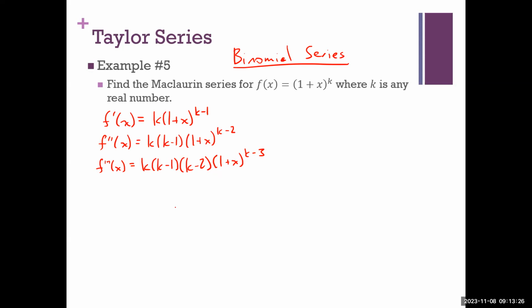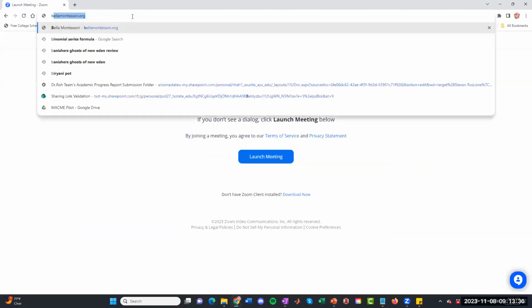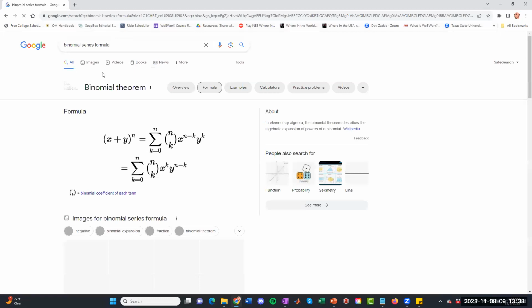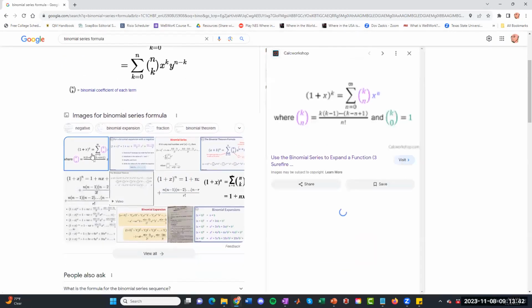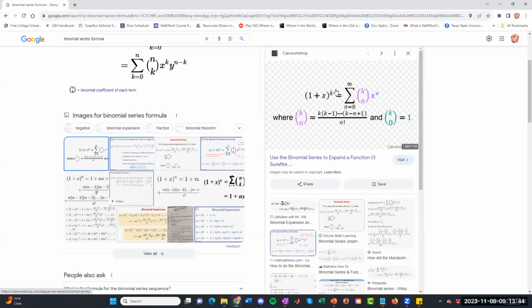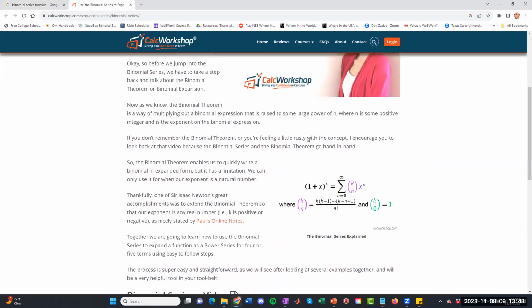I did not have a slide here where I wrote down the generalization of this. Let's go find it. This one's formula.